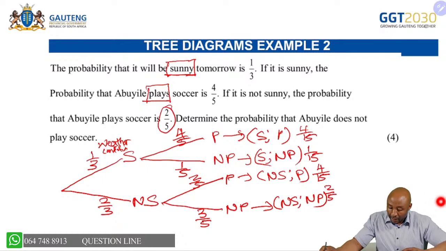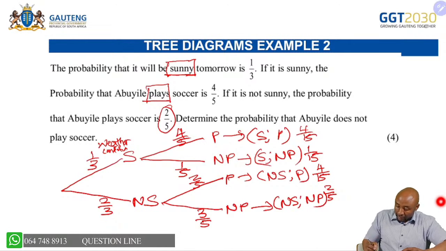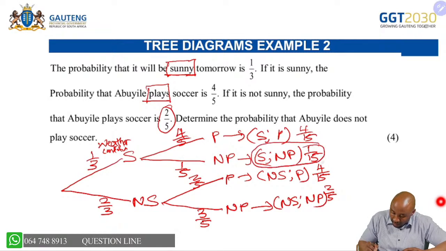The question says, determine the probability that Abuyile does not play. If you look at this one, you have the probability of being sunny and not play, which is that one. Not sunny and does not play, which is that one.